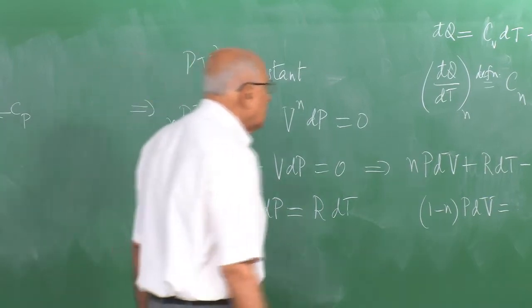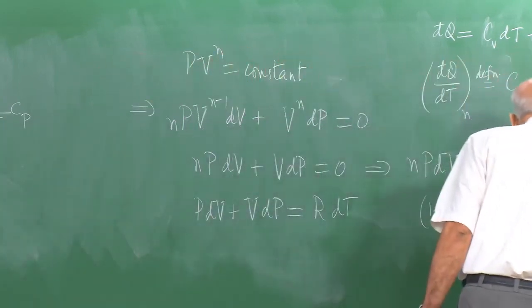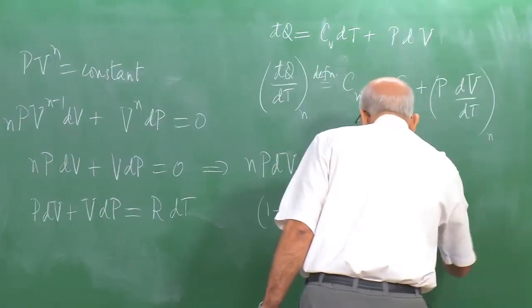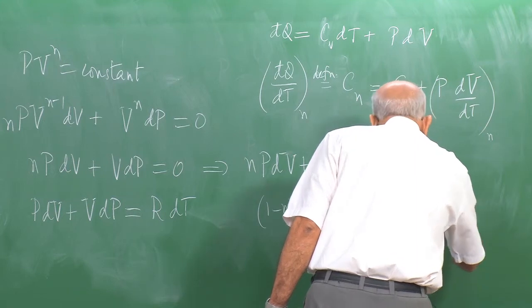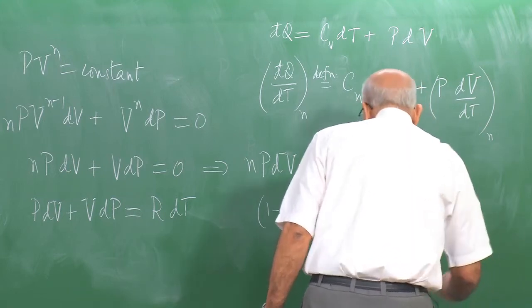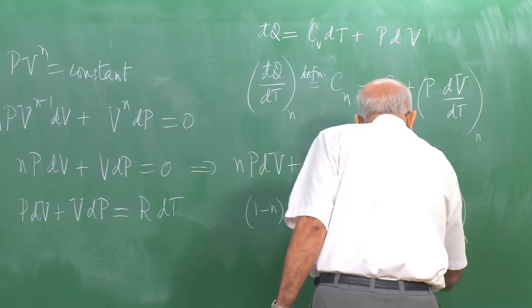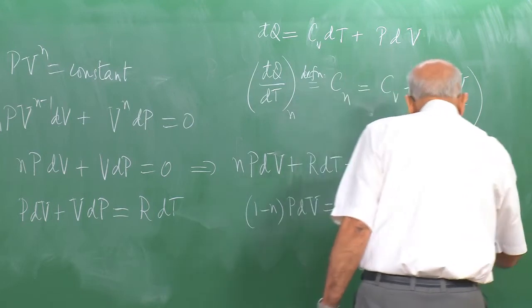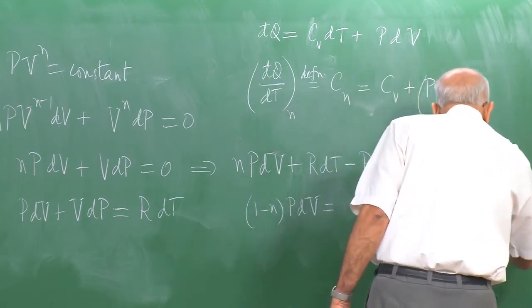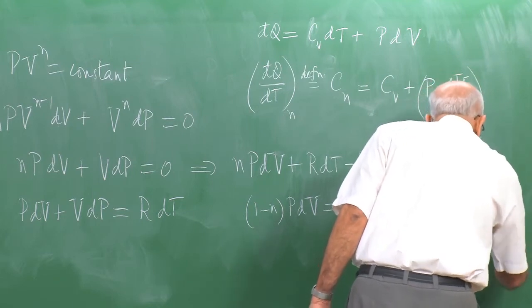But we know from this equation that dV over dT for a given n process implies that P times this for a given process is equal to R divided by 1 minus n.